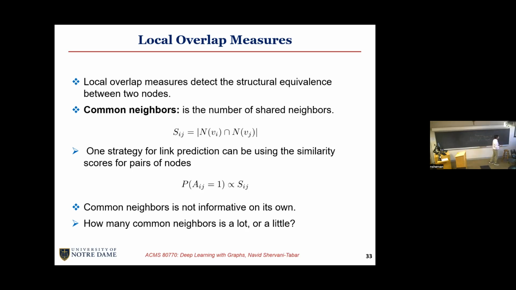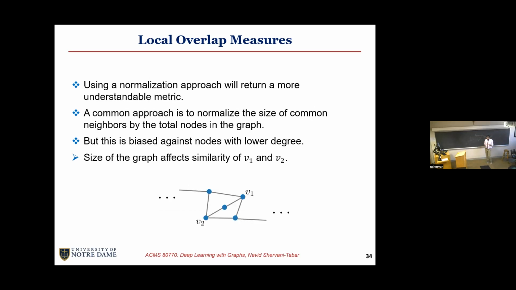So naturally, we need to normalize this using some measure, and there are multiple of them. The first one that comes to mind is to divide the number of common neighbors by the total number of nodes in the graph. So these are 3 neighbors, and we divide them, for example, by 10.